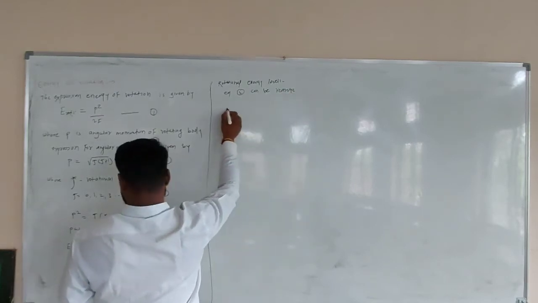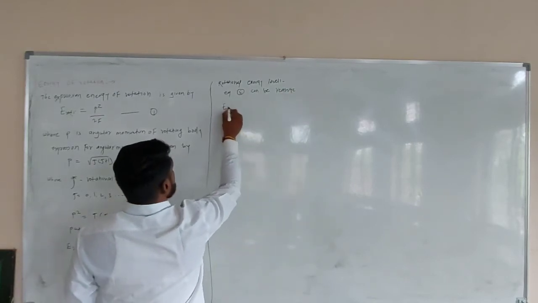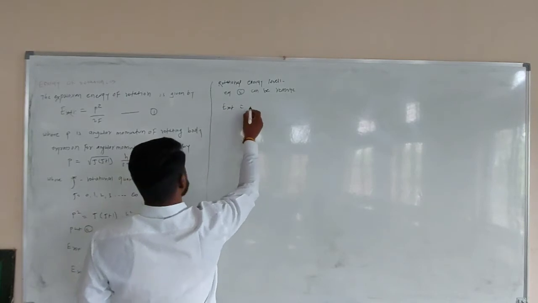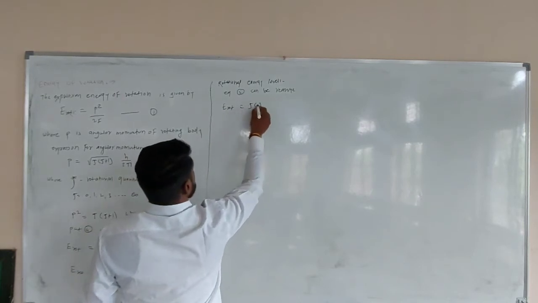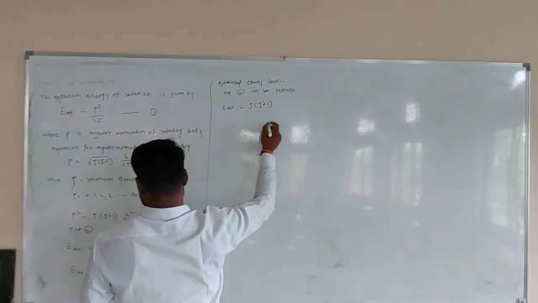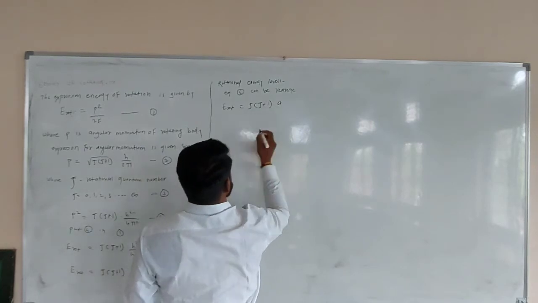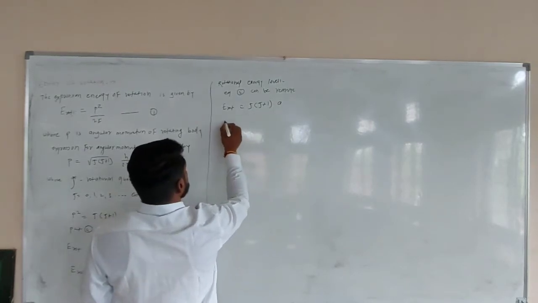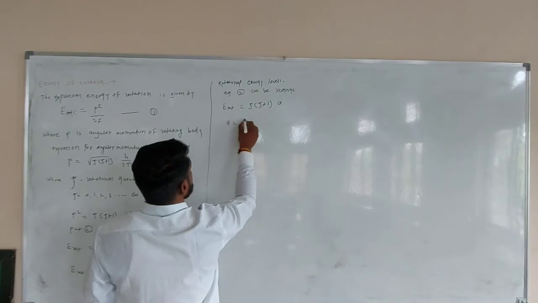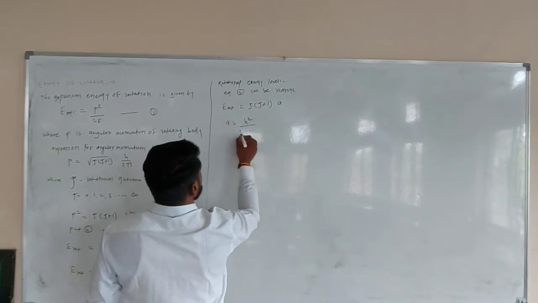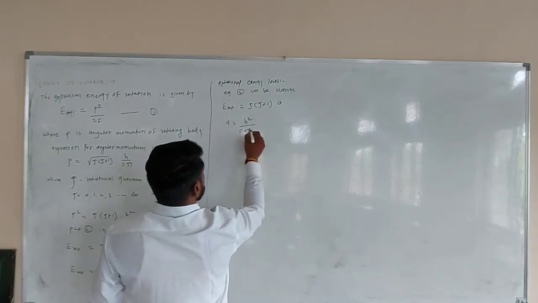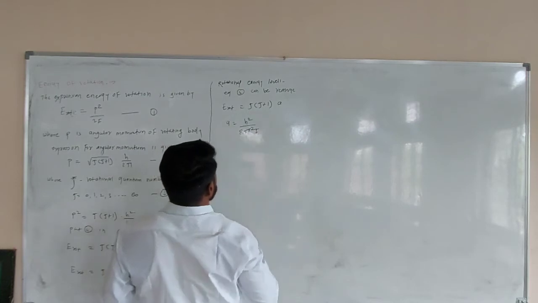That is, E rotational is equal to J into J plus 1 into A. A is a constant term and A is equal to h square upon 8 pi square I.